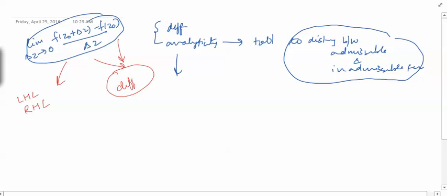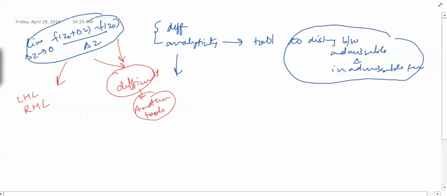Therefore we look for other tools to check whether a function is analytic at a point or not. What do we mean by saying that a function is analytic at a point? It means that it is differentiable at every point in a neighborhood of that point.